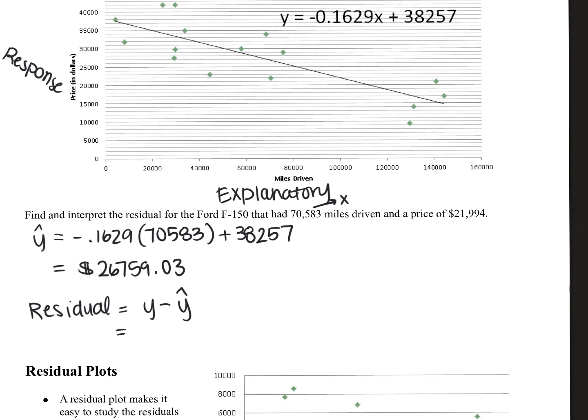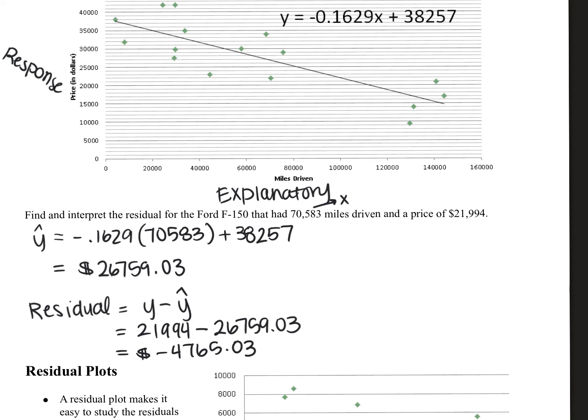So our actual price was $21,994 minus our predicted $26,759.03, which is going to give us a residual of negative $4,765.03.